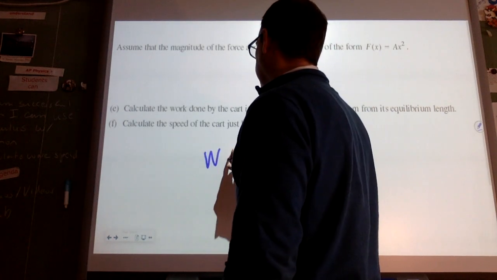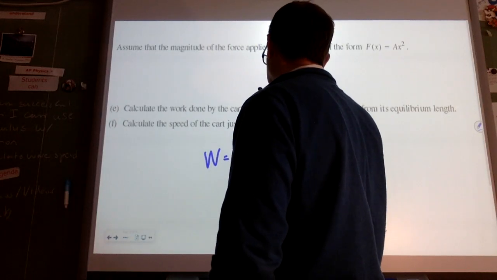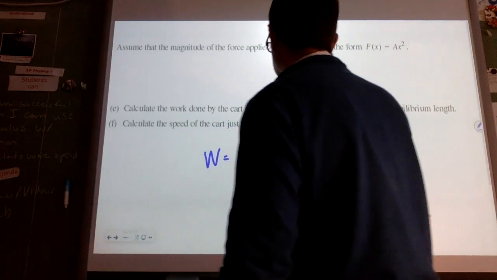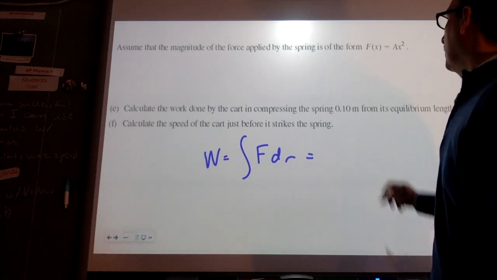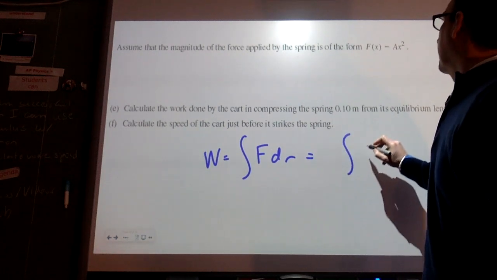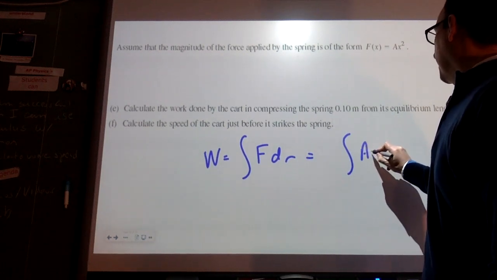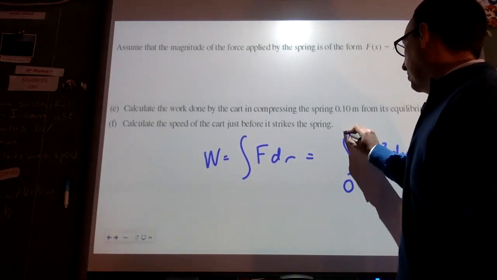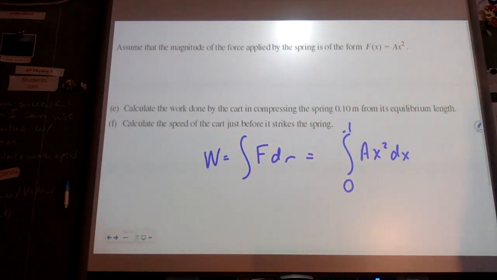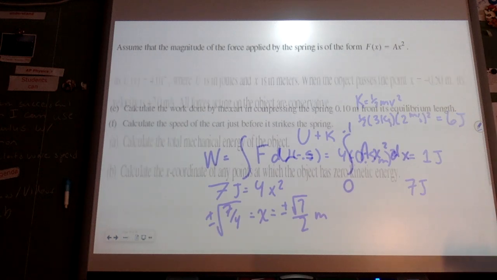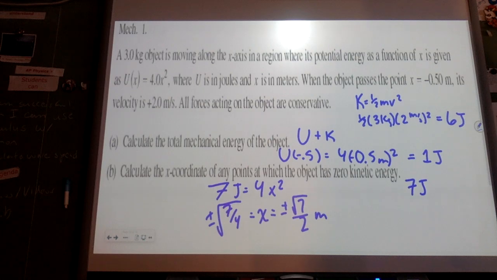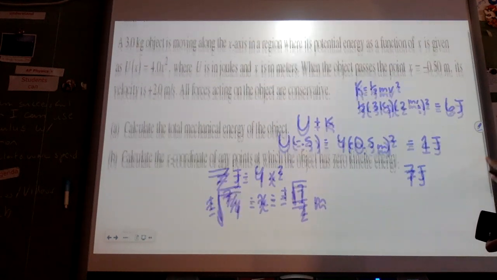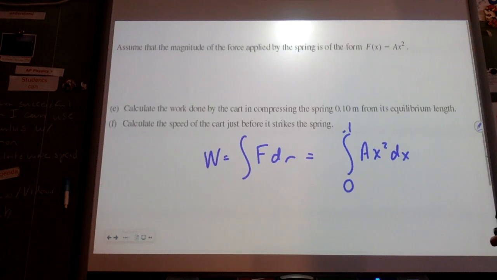So work is going to be the integral of F dr, and so I'm going to have the integral of ax squared dx from 0 to 0.1. Do I know what a is? I guess I'm just going to have it in terms of a.